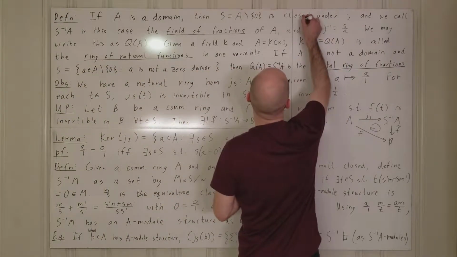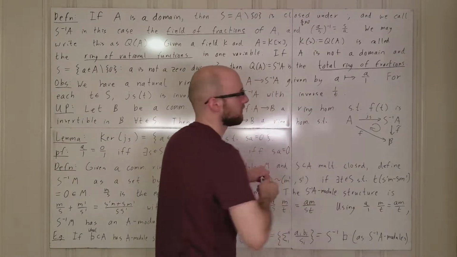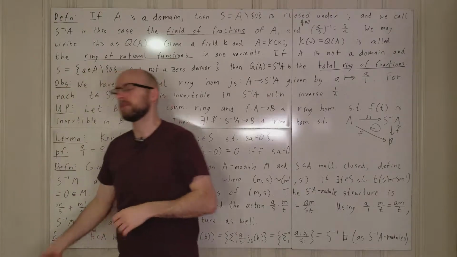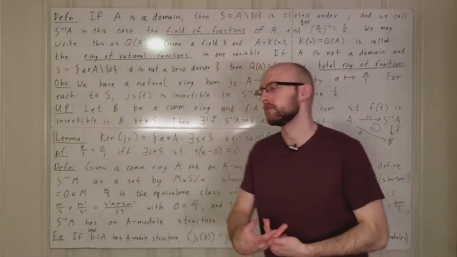So here A over S is not equal to 0. Obviously, you can never invert the 0 element, but you call it a field if all the non-zero elements are invertible.